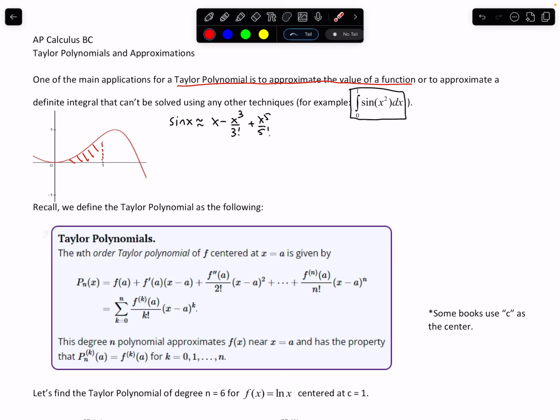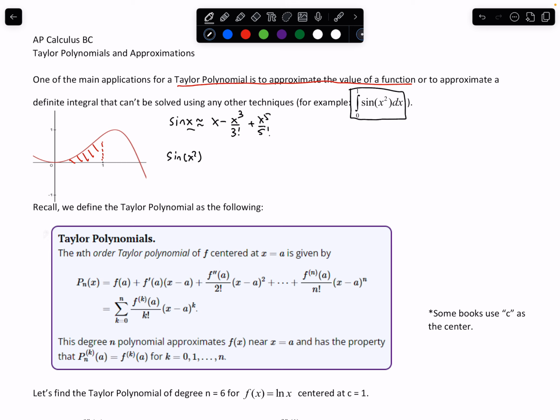Now, what we're really saying here is that the sine curve and this polynomial approximate each other near 0. And that's really what a Taylor does. It says near a certain center, in this case 0, our polynomial function will mimic our sine curve.